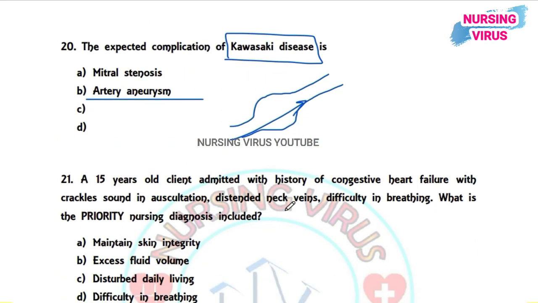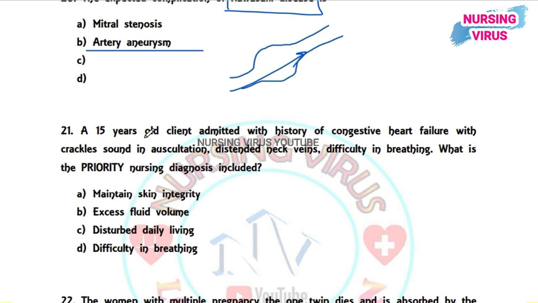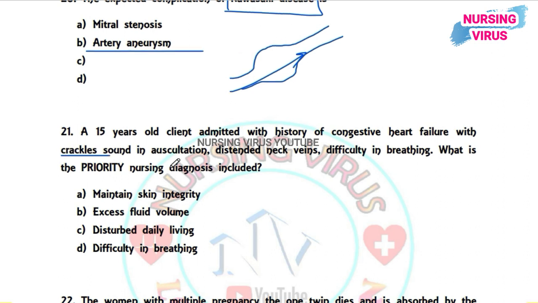artery area. So a 15-year-old client is admitted with a history of congestive heart failure, with crackles on auscultation, distended neck veins and difficulty in breathing. What is the priority nursing diagnosis? The options are maintaining skin integrity, excessive fluid volume, disturbed daily living and difficulty in breathing.